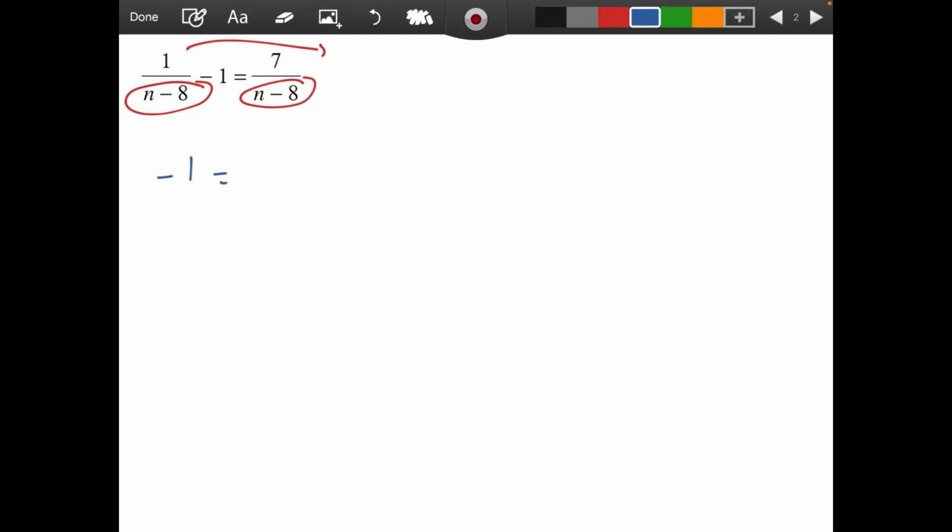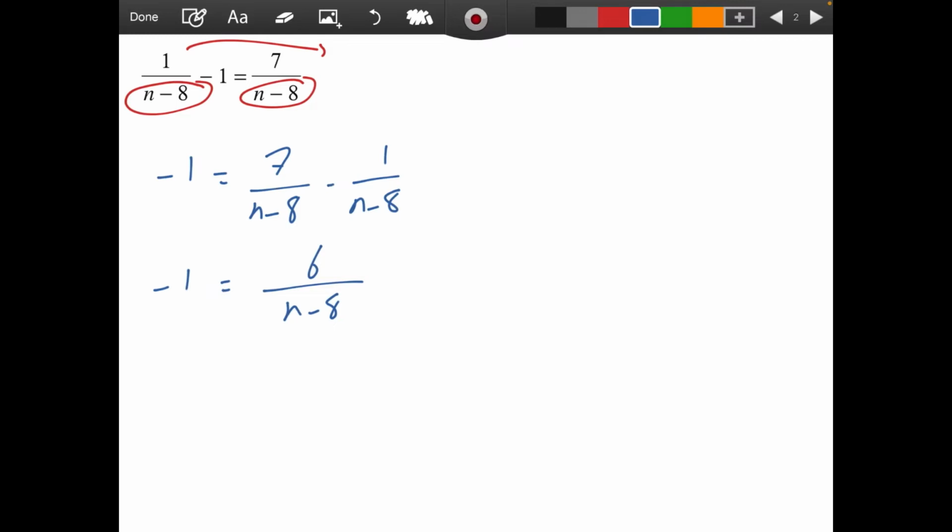So to the left we have -1, and to the right 7 divided by n minus 8, and -1 divided by n minus 8. They already have the same denominator. So n minus 8 is the common denominator, and 7 minus 1 is 6.